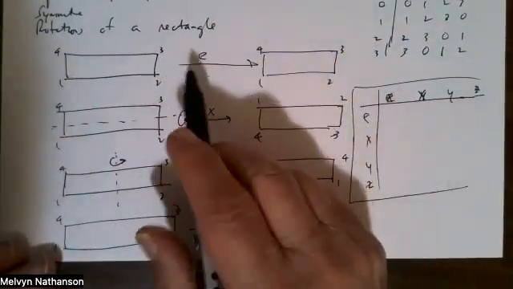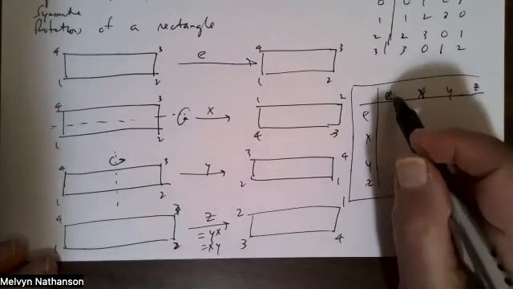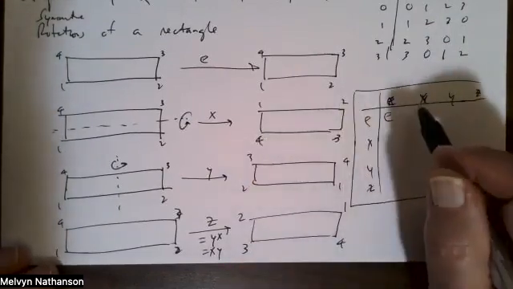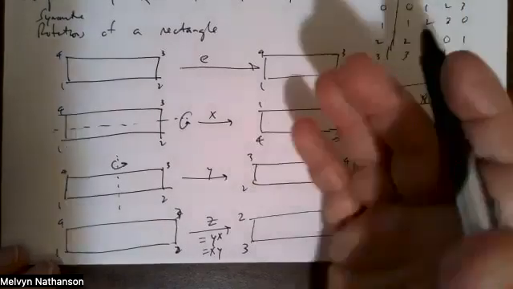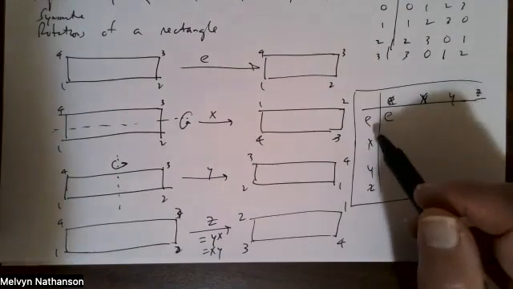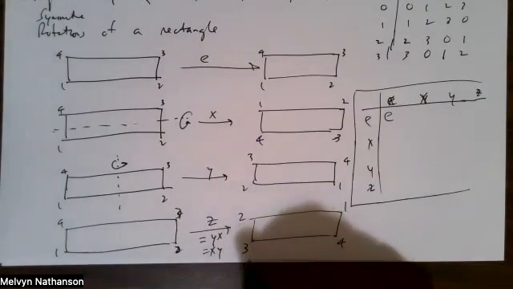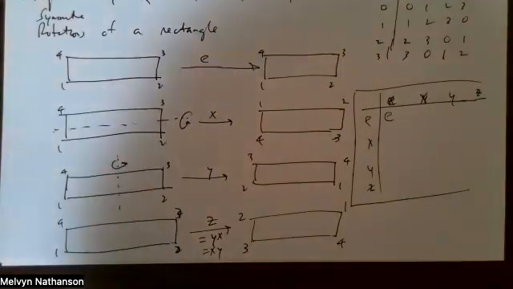If I take the rectangle and apply the identity symmetry, do nothing, and I do nothing again, E times E is E. E times X, I think of these almost as functions operating on this rectangle. Like if you write YX, that means first apply the operation X, then apply the operation Y. So this is composition of functions, just as you saw with permutations or as you saw in calculus.